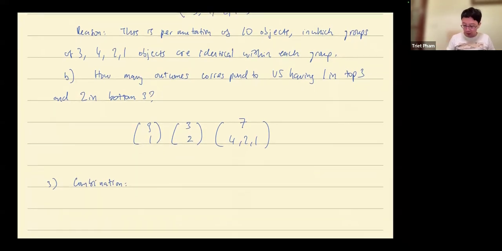I guess the easiest one is the number of ways. So A, number of ways to pick or to choose R objects out of N objects, in which order doesn't matter.